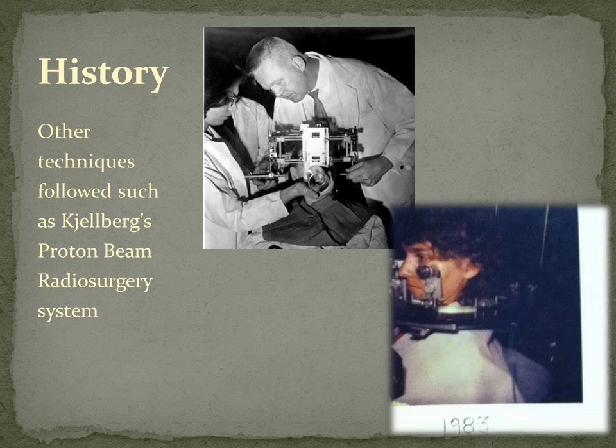This is another picture that was alluded to yesterday. This is Ray Gilberg, and you saw this picture yesterday. This is a patient that he treated in 1983. She gave me this picture about a month ago when we retreated her for her pituitary tumor. You can see the head ring that Gilberg used was a little different. The bars actually went into the face and not into the forehead.